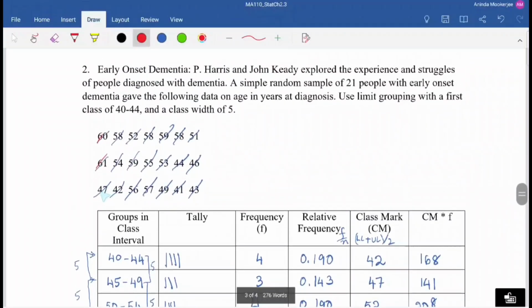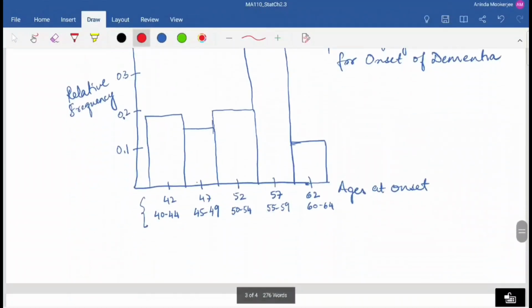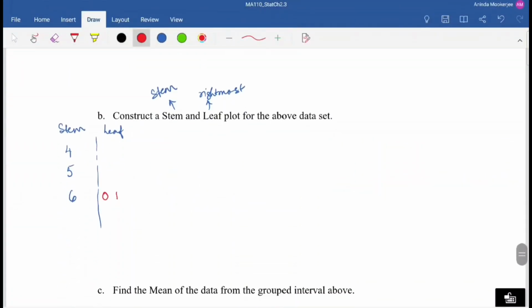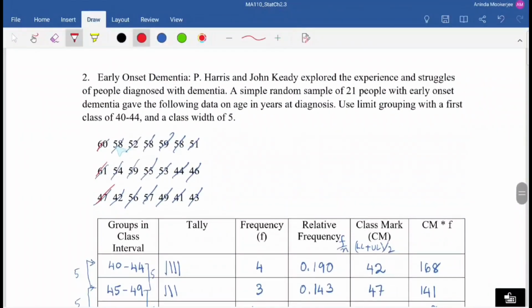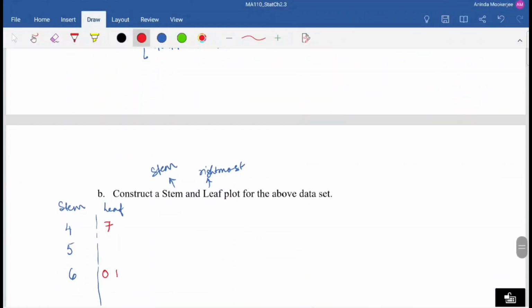Then what do we have? 47. So 47, we have to write 7 for the stem, which has 4. The next one is 58, and then we also have a 54. So I'm going to write 8 and 4.